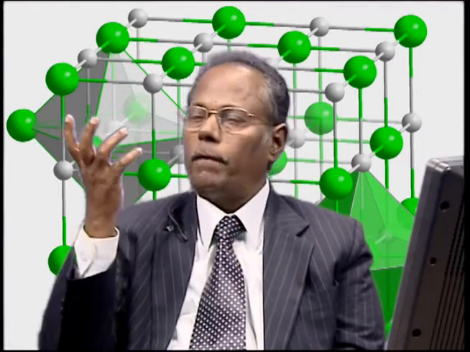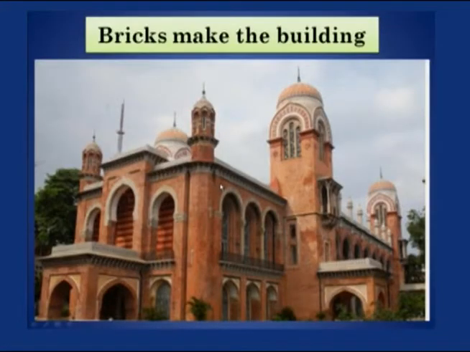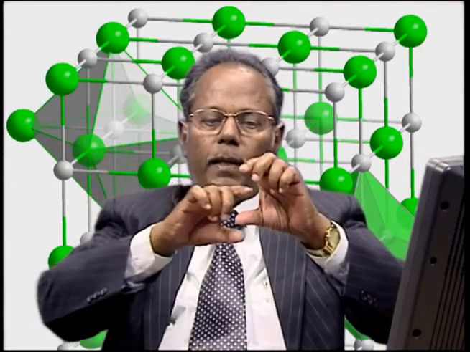In any building, the fundamental building block is a brick. If you have a brick here, another brick here, and a brick here, how do you construct a building? You have a brick of length, say, a, b, c.